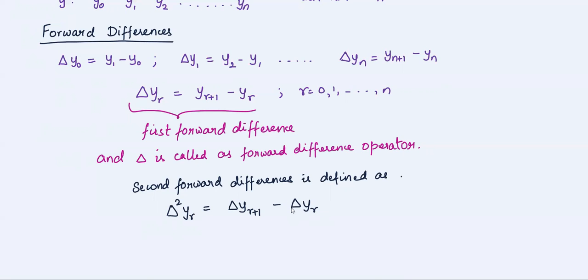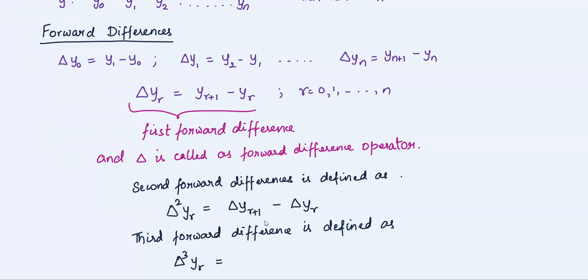So this is the second forward difference. Now, the third forward difference, delta cube yr, will be delta square yr plus 1 minus delta square yr, and so on.